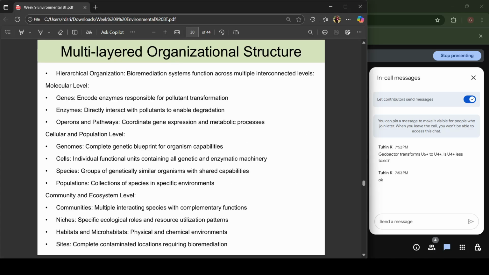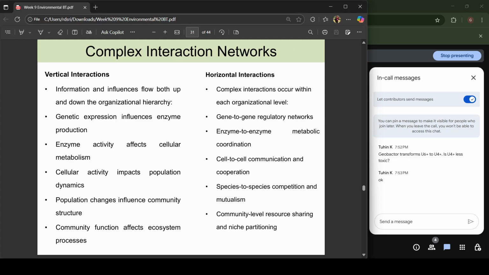If you just see the previous slide, whatever components we have talked about, each of it is contributing to the next. So if one is affected, then entirely until the sites everything is going to be affected. So at least here we have until the communities, right?